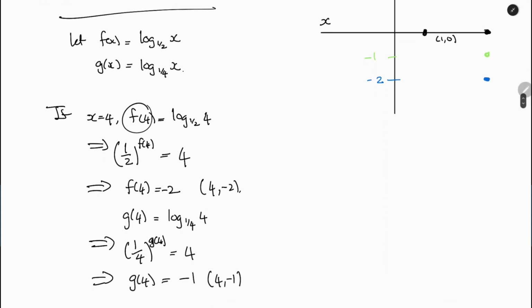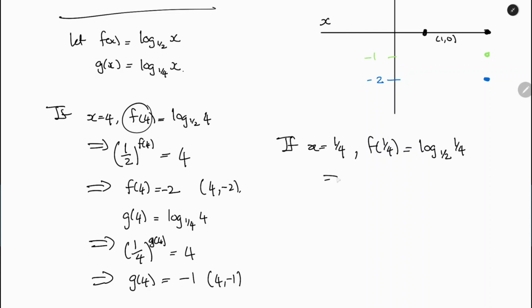Okay, let's plot another point, and we're going to say if x is equal to a quarter, then f of a quarter is equal to log base a half of a quarter.